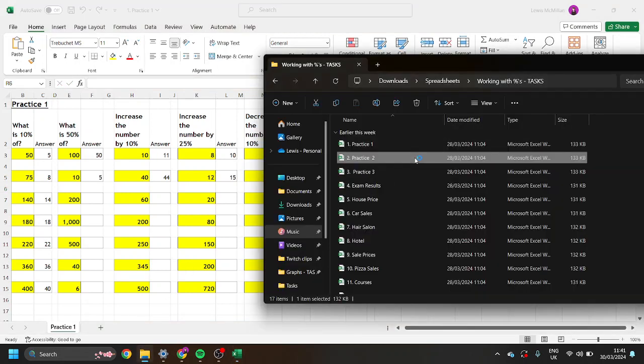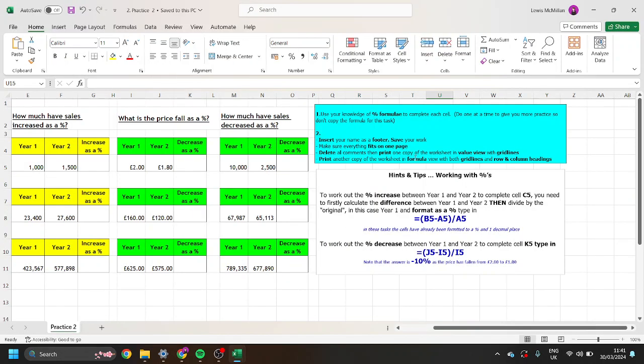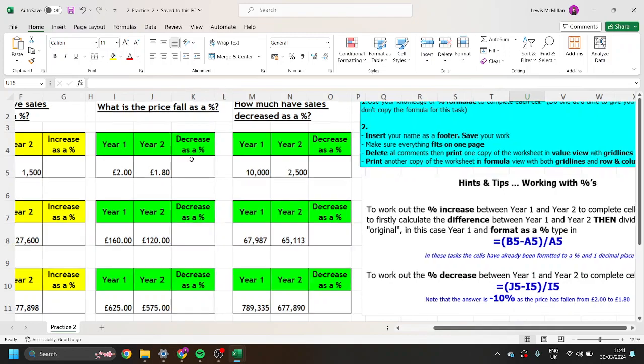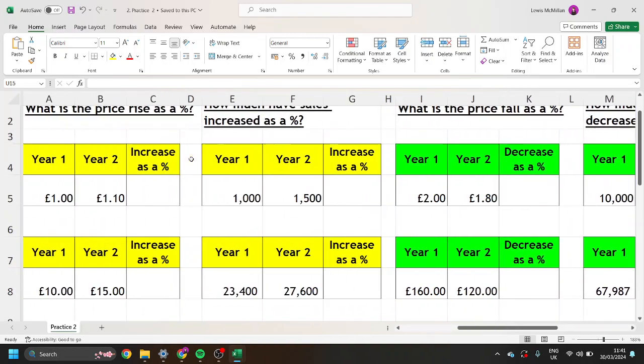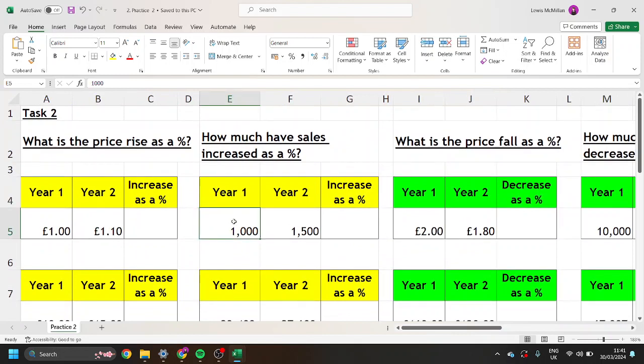We're going to have a look at practice 2 now. In practice 2, we're being asked how much sales have increased as a percentage. If we have a look here at year 1 and year 2, we can see we have made 1,000 sales in year 1 and 1,500 sales in year 2.